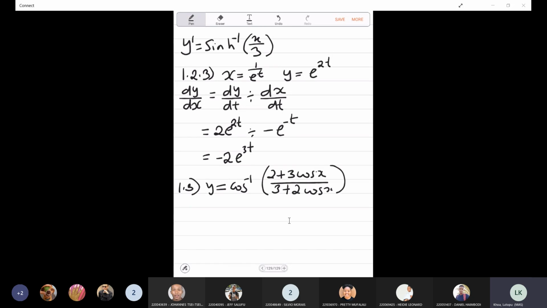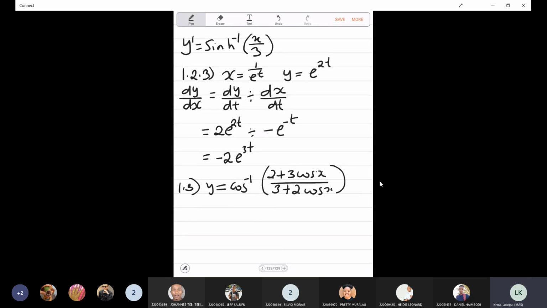We're told that x is between 0 and pi, and we have to show that the derivative is square root of 5 over 3 plus 2 cos x. So I usually like these questions because you know what the answer is, so you're sure whether you're right or wrong.